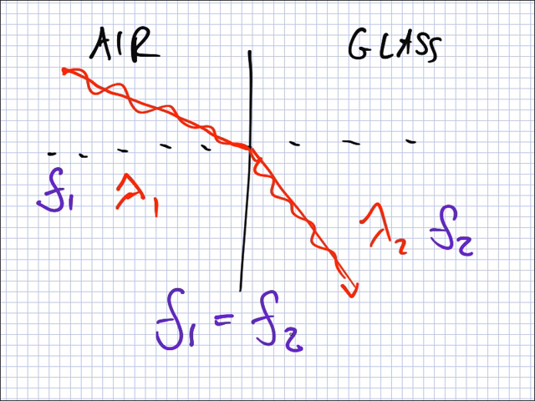Okay? But do you recall the formula c equals lambda f? You might say, well, hang on a second. If the f is the same, shouldn't the lambda be the same? No, because when is this formula only used? In a vacuum. And are we in a vacuum here?